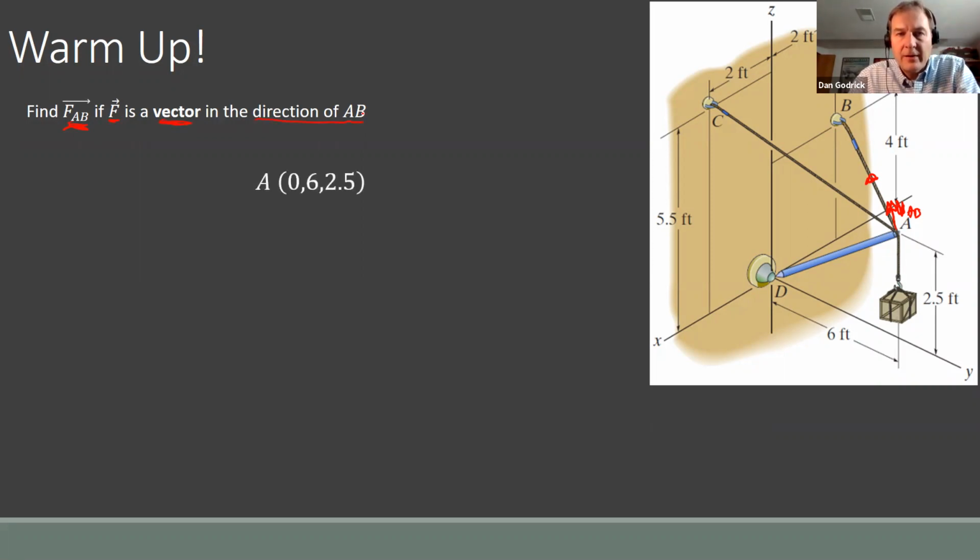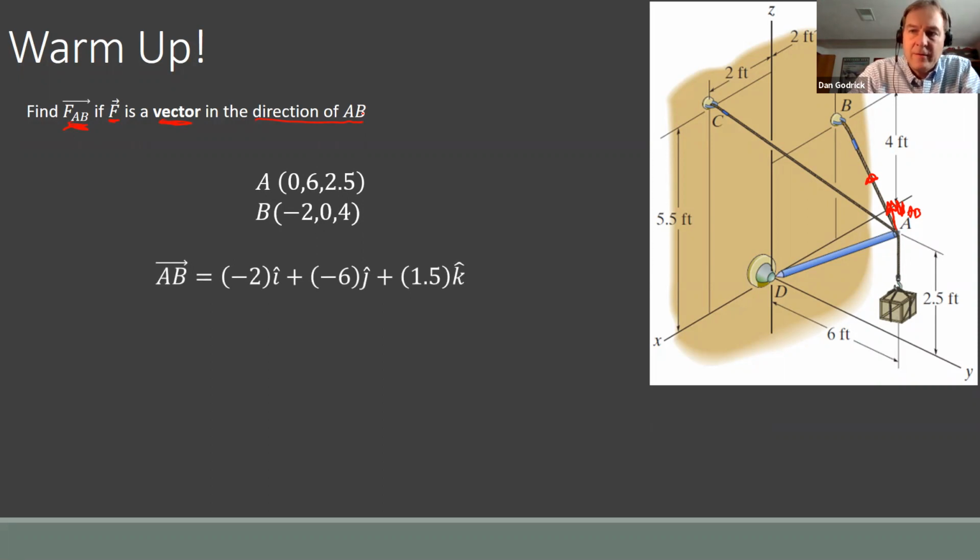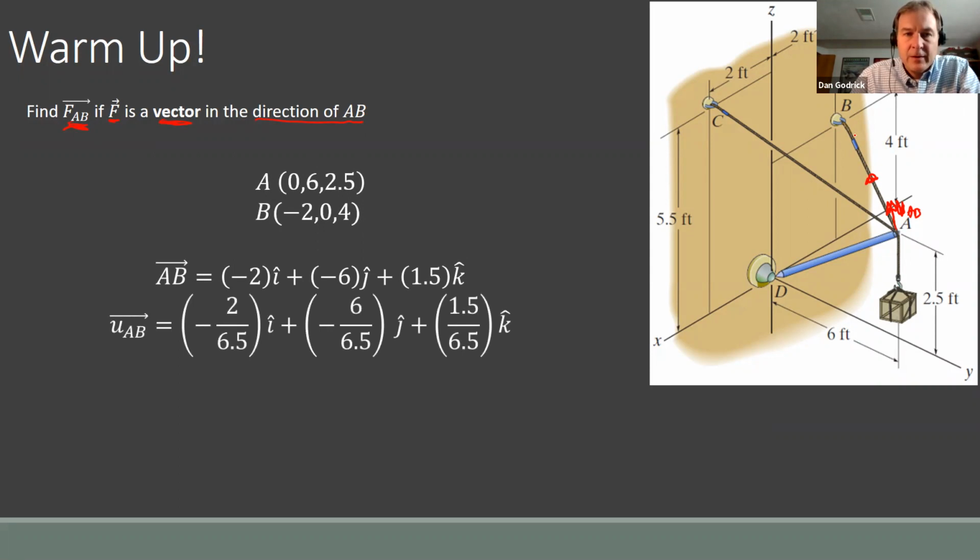If we know A is at 0, 6, 2.5, and B is at -2, 0, and 4, just from before, AB is the vector we just talked about. That is that full length from A to B. U of AB is this short unit vector. So the force acts in that direction of A to B, but it doesn't have that magnitude AB. It has the magnitude of force in the A to B direction, and its direction is defined by the unit vector, UAB.